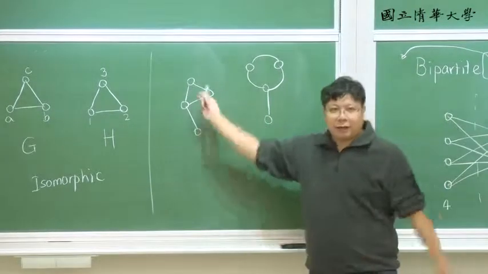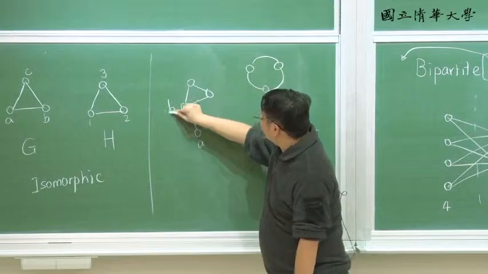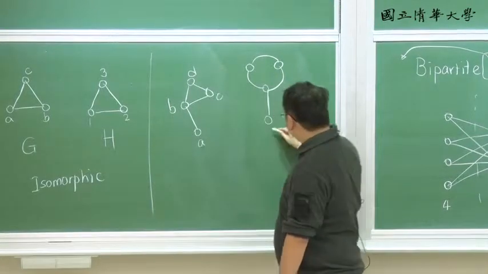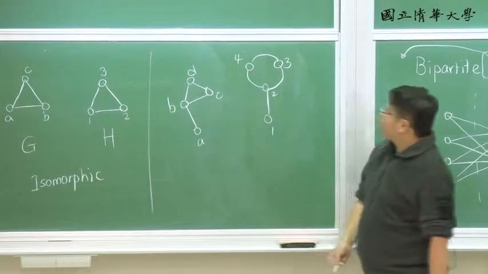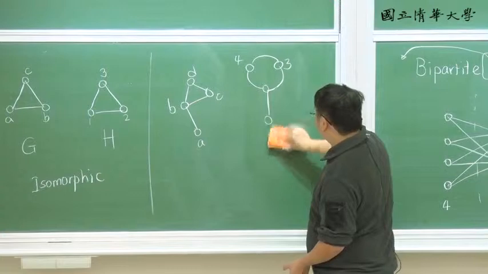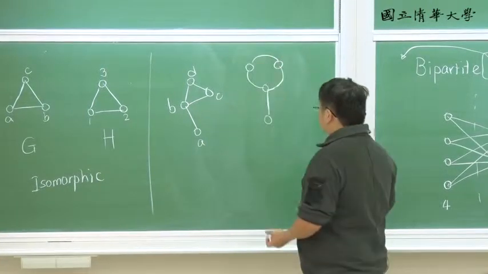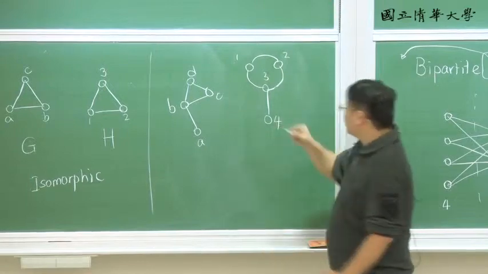Let's give it a name. This is A, B, C, D. This is 1, 2, 3, 4.